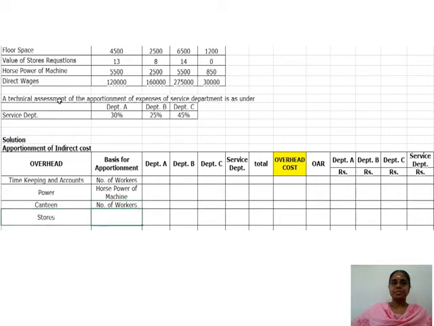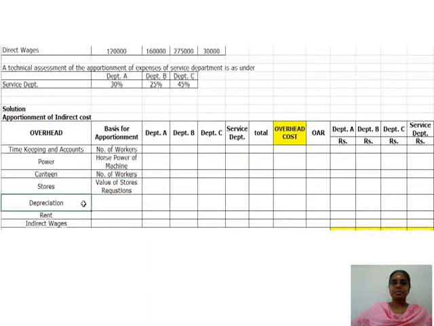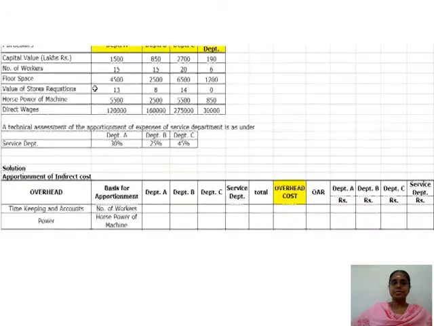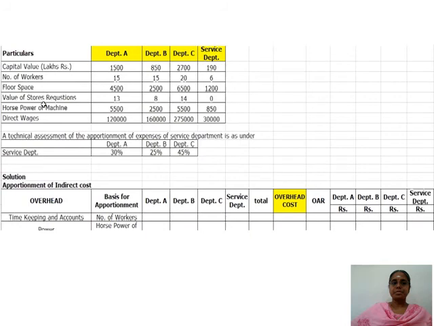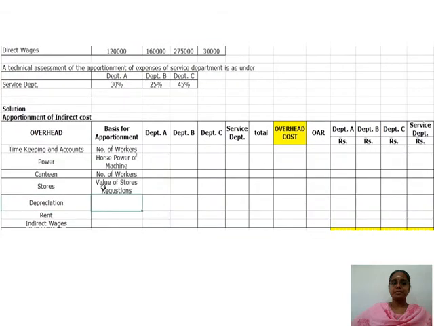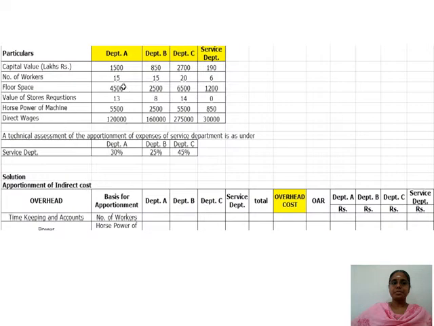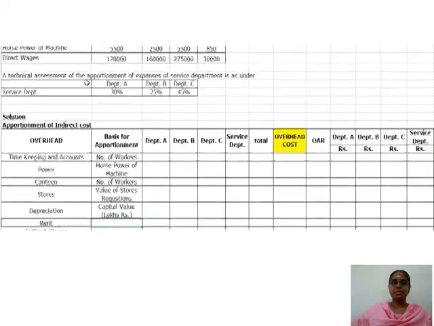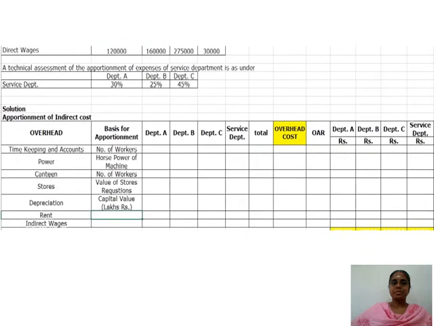For stores, certainly it is the value of store requisitions. For depreciation, we saw an example already. For depreciation, the base is the capital value. Capital value means the value of the plant and machinery that are available, which is what depreciates. For rent, again, you will have floor area as the base.